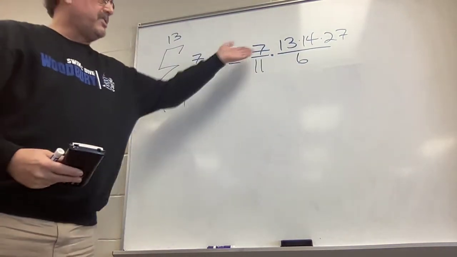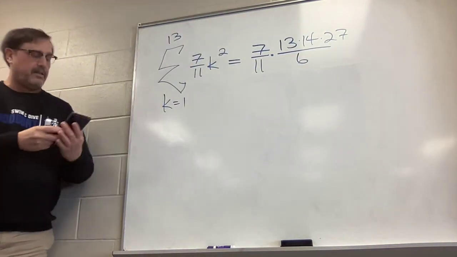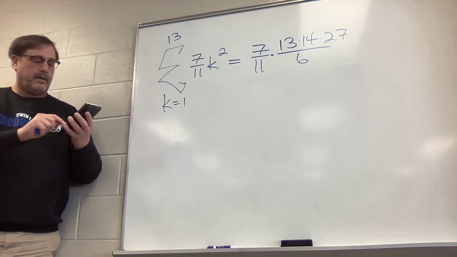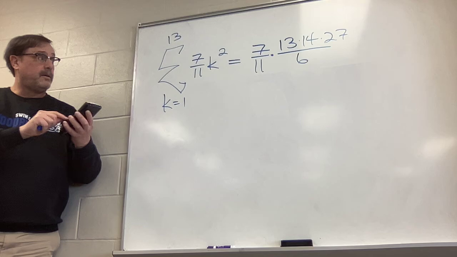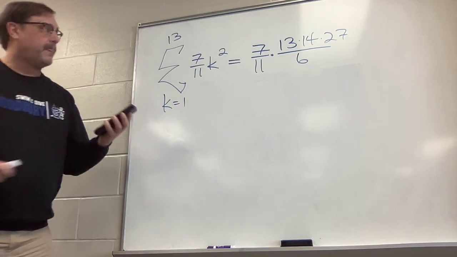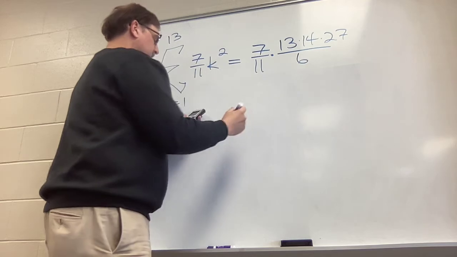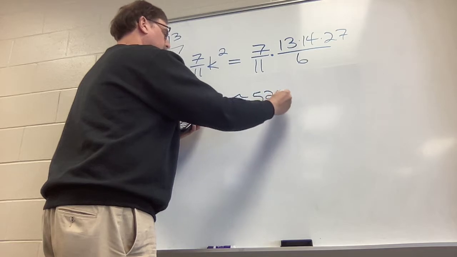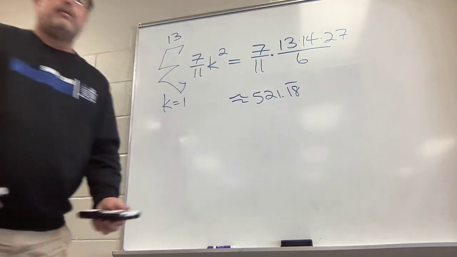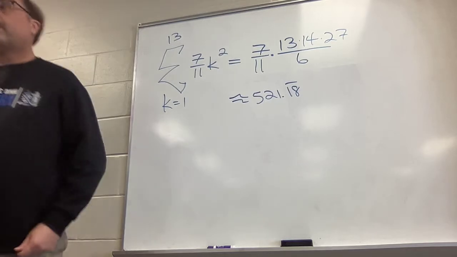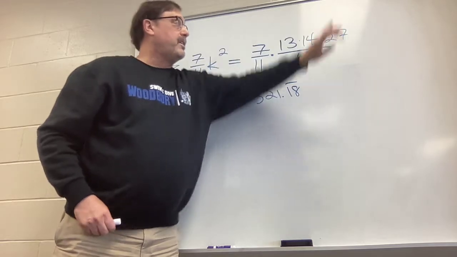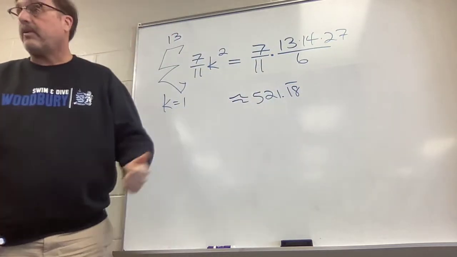Talk about easy fractions. You don't even really need to do any fractioning. 7 times 13 times 14 times 27, and then you just divide it by 66.